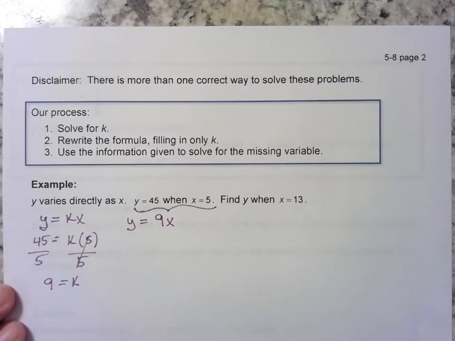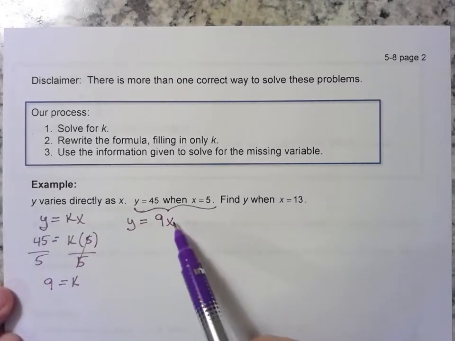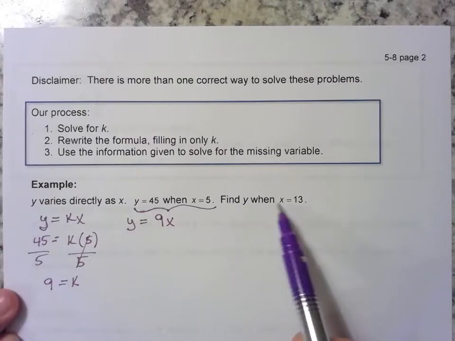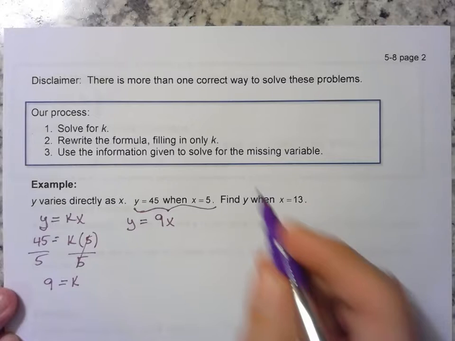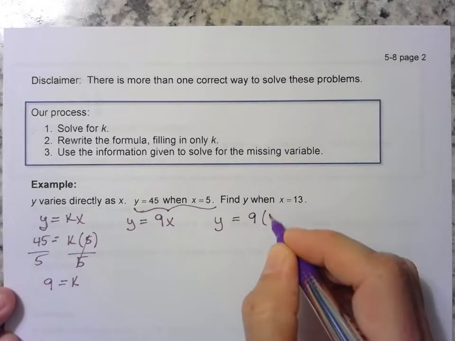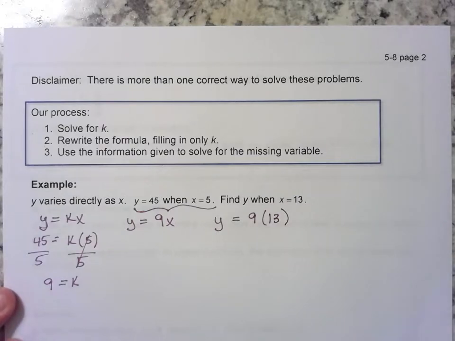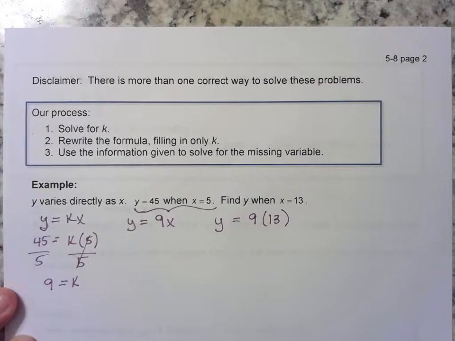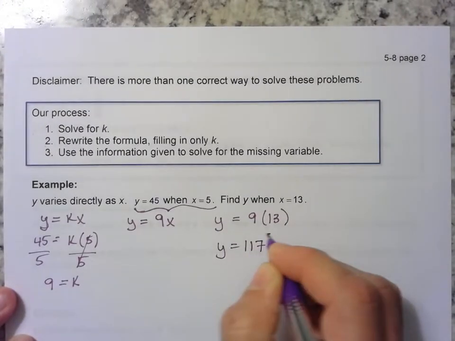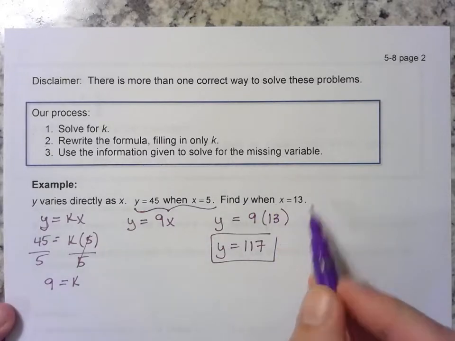So now that we know our generic formula, we want to find y when x is 13. Well, y is equal to 9 times x, and x is 13. Well, 9 times 13 is 117. So when x is 13, y is 117.